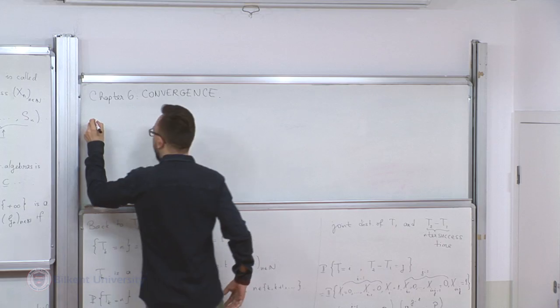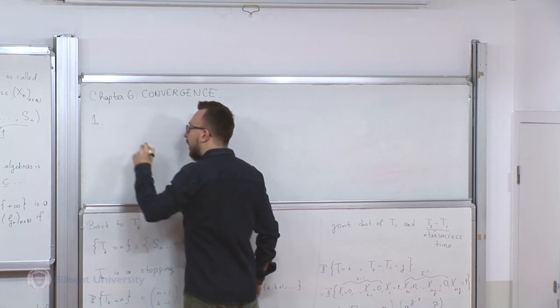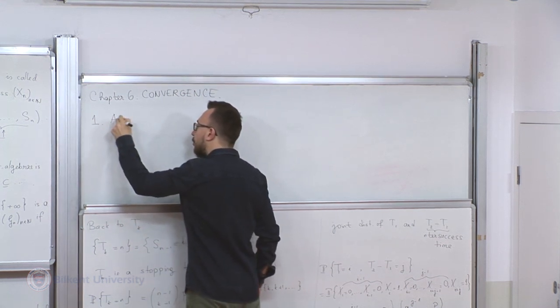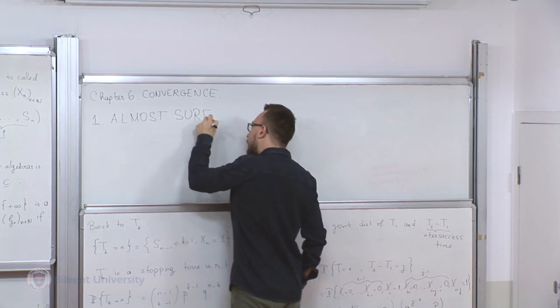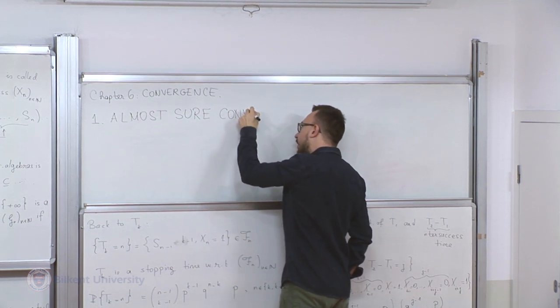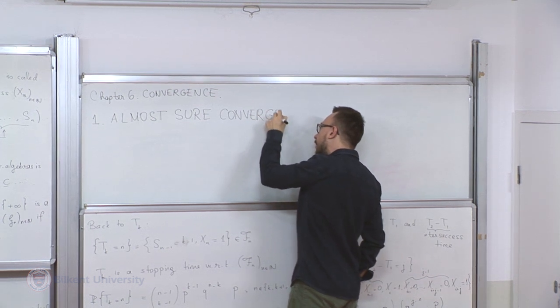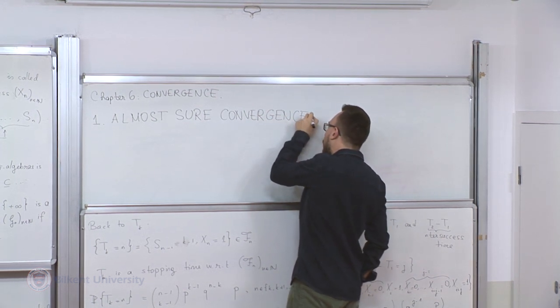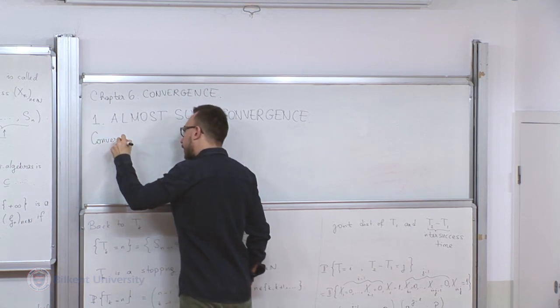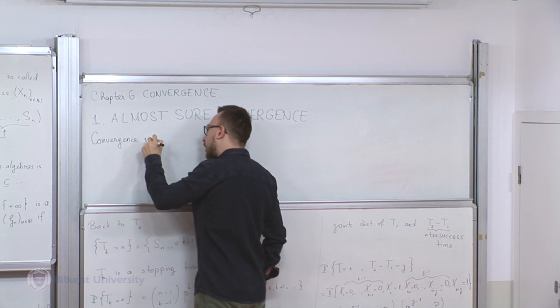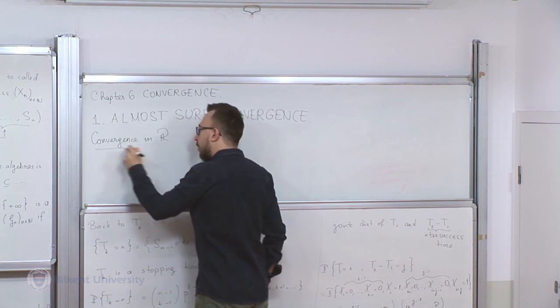The first one is almost sure convergence. But before even discussing this, we're going to look at just real numbers first. Convergence in R. Okay.